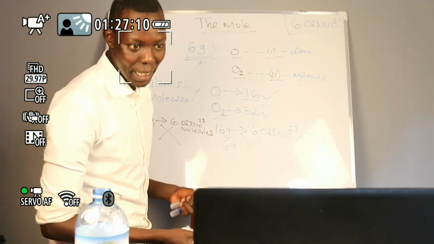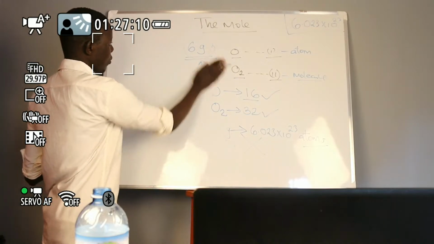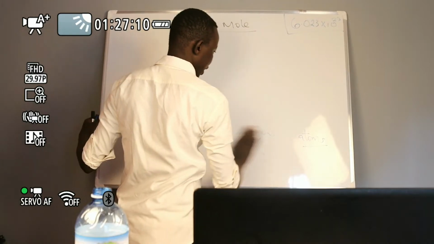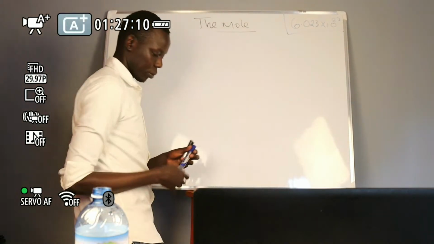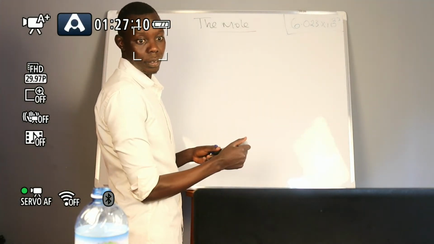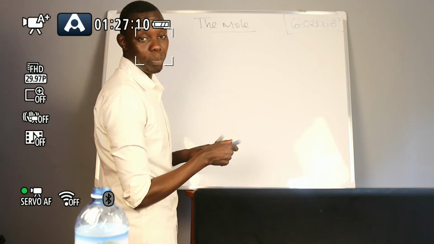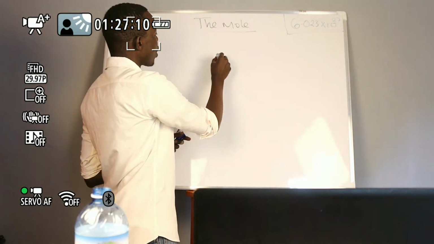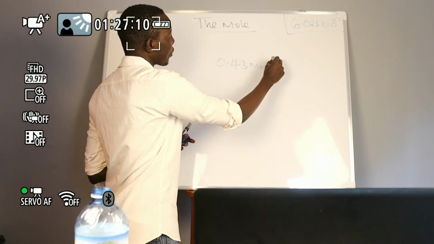What if the examiner decides to say, calculate the number of molecules of 0.43 moles of oxygen?